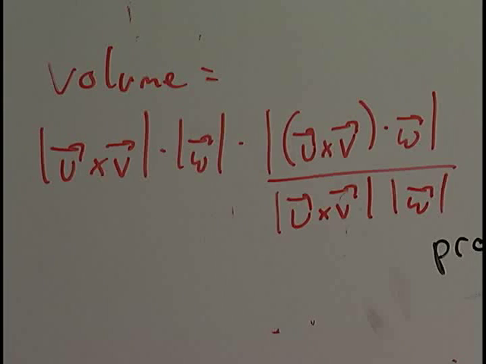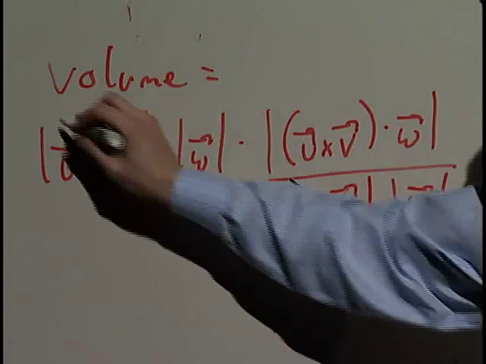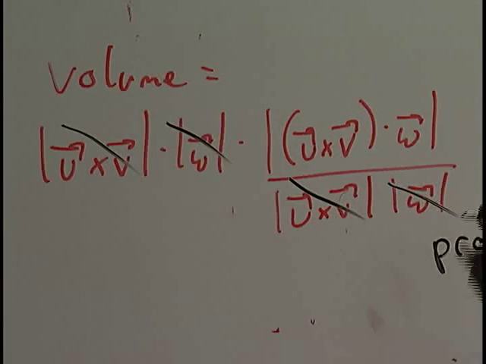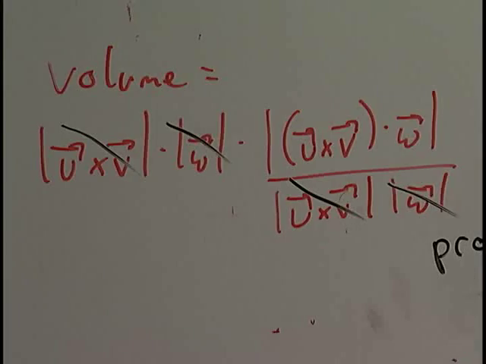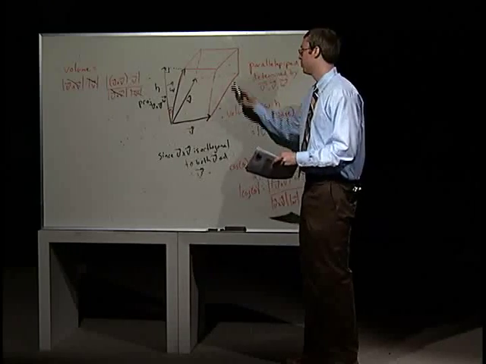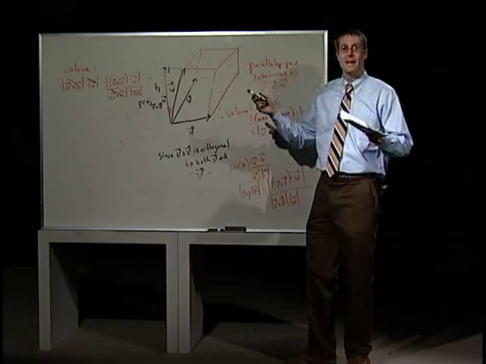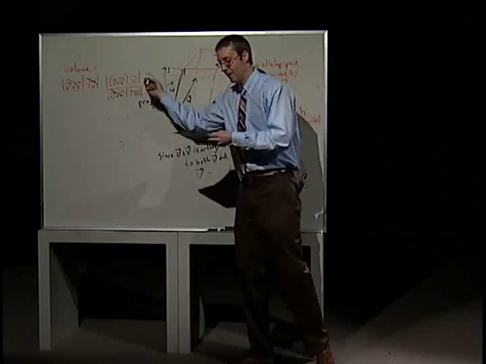And what happens here? Well, we can cancel that. Cancel that. Those are scalars. And what are we left with? The absolute value of a triple scalar product as our volume. So this is what a parallelepiped looks like, and this is why its volume is equal to that.